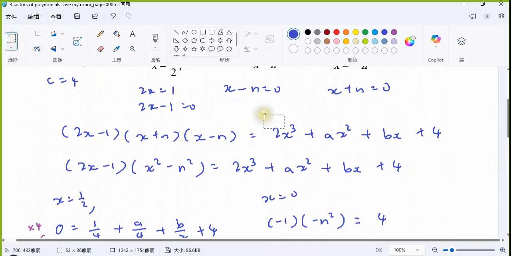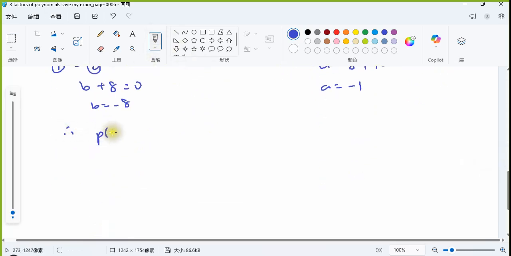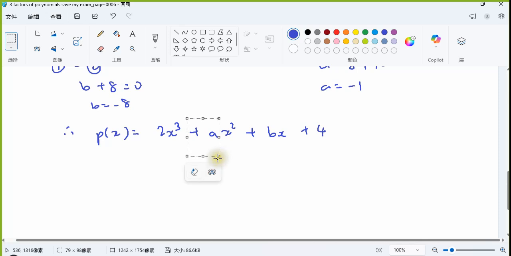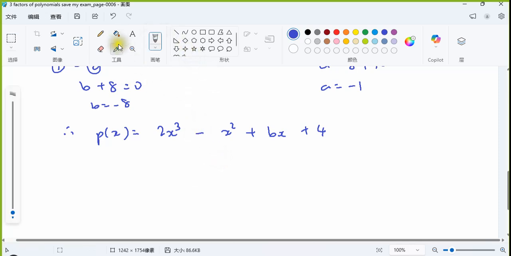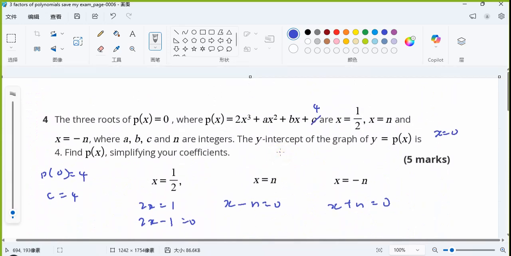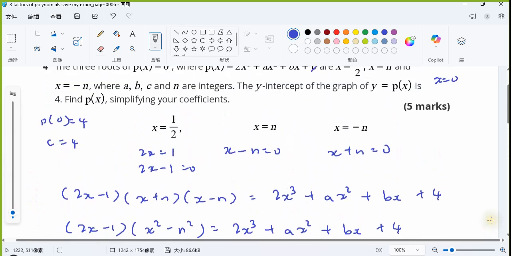So, therefore p(x) equal to this: minus x squared and then minus 8x. So this is the answer, p(x).